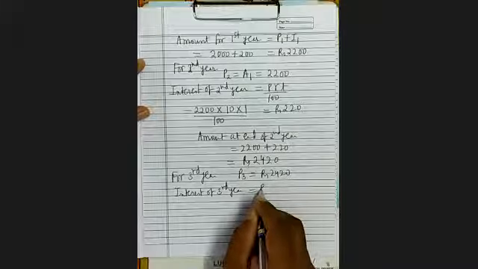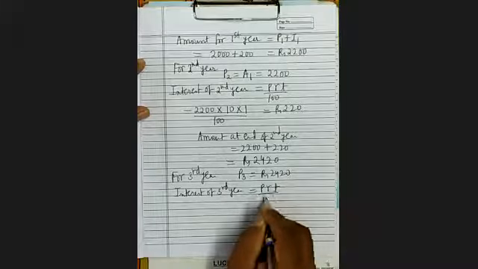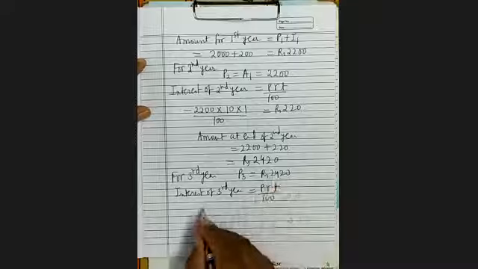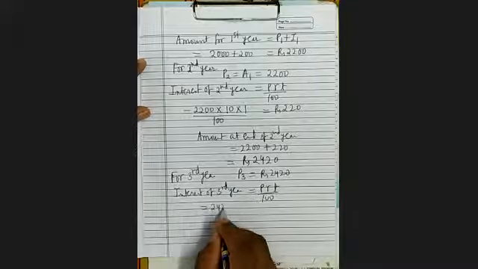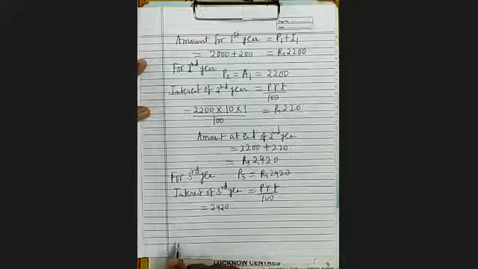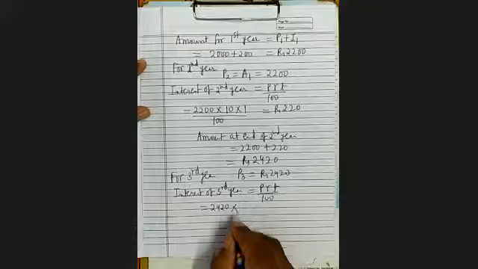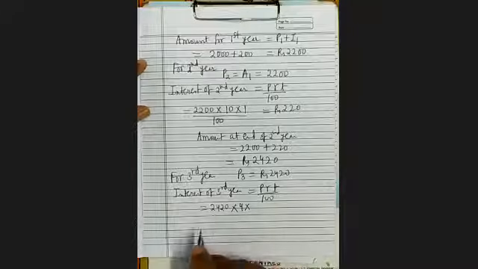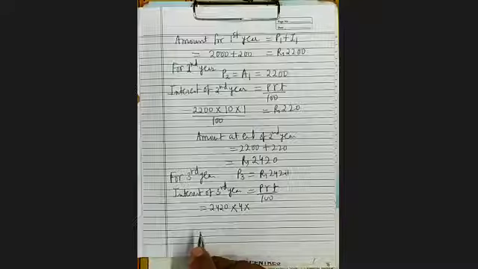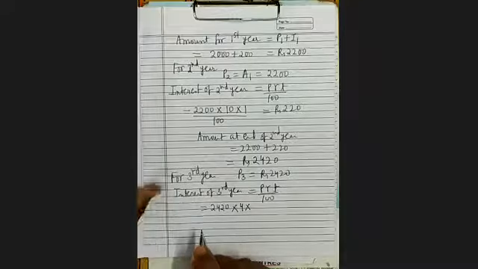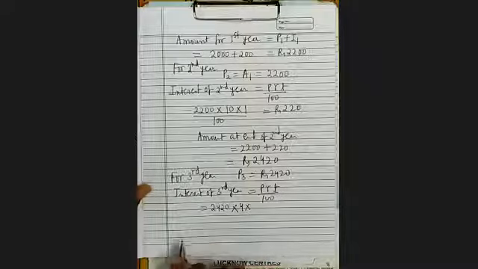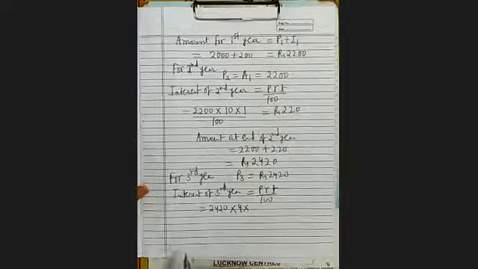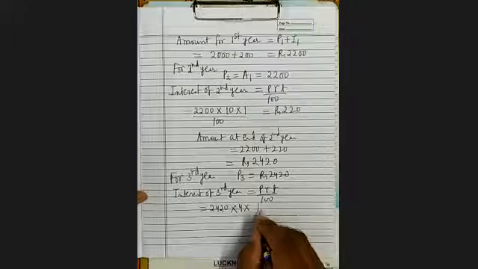Now we will find out the interest of third year. So what is formula? PRT upon 100. What is P here? 2420. It is clear? Yes. Rate is how much? 10. But time is not 1. What is time? In third year only how much has passed? Only 1/2 years. It is clear? This point is clear?